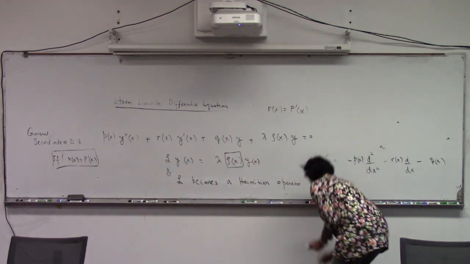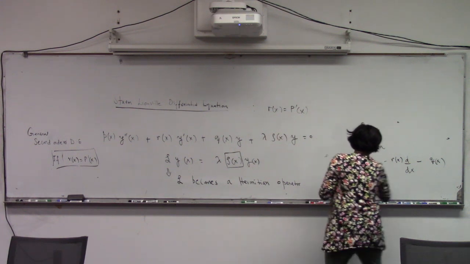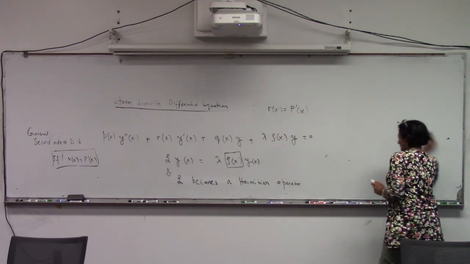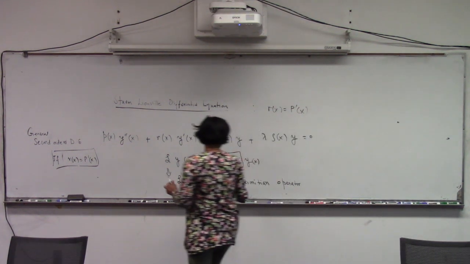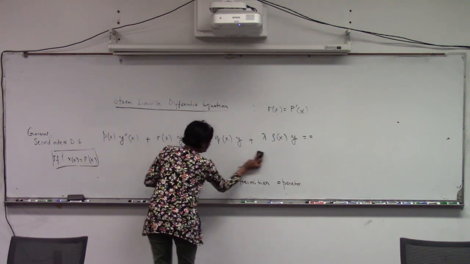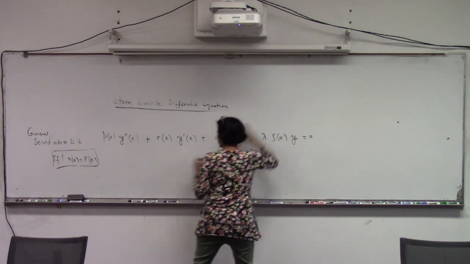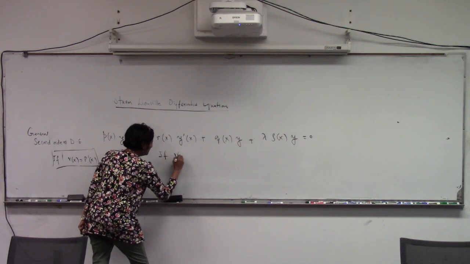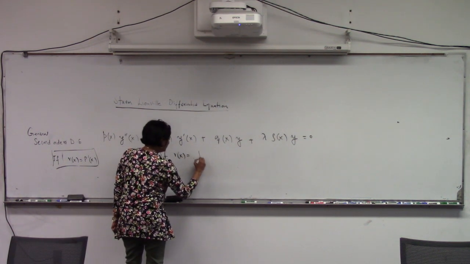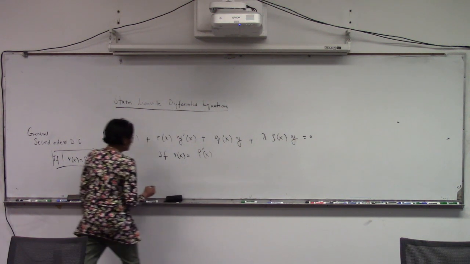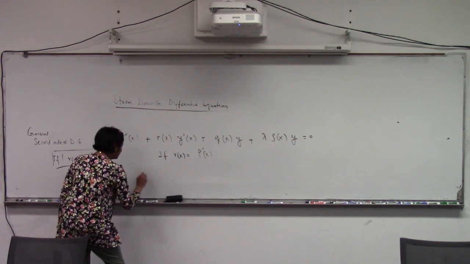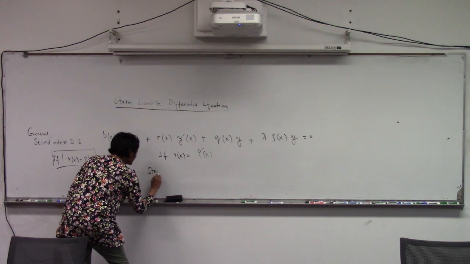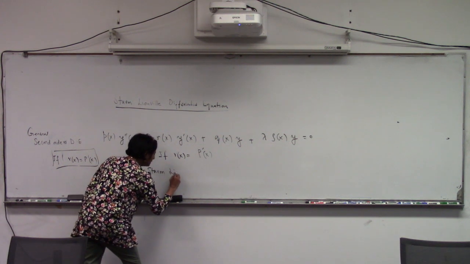That's important. That's a very general second order differential equation. If R(x) equals P prime(x), then whatever differential equation comes out, we call it a Sturm-Liouville differential equation.